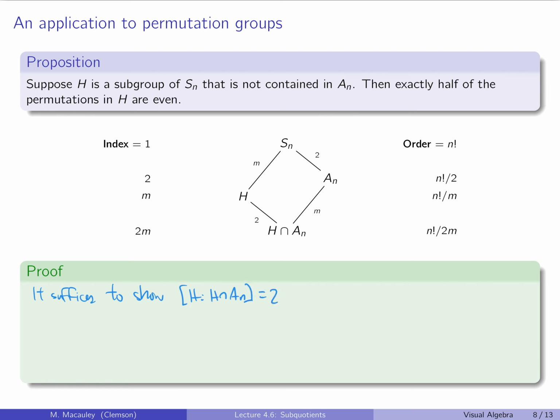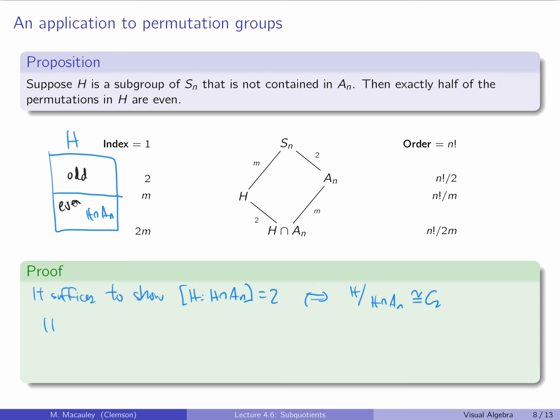Because that just means that, if I draw a picture of that, if this is H, and this is H intersect An, then these are the even permutations, and things that are not in here are the odd ones. Okay, so equivalently, H mod H intersect An is isomorphic to C2.